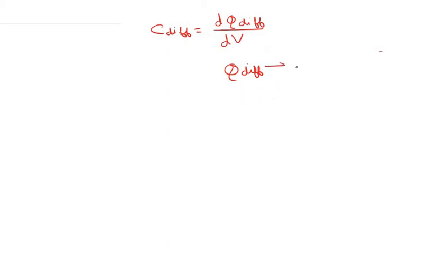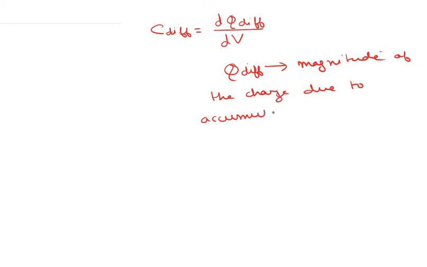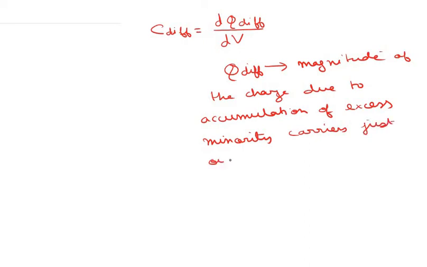So q diff is the magnitude of the charge due to accumulation of excess minority carriers just outside the depletion region.